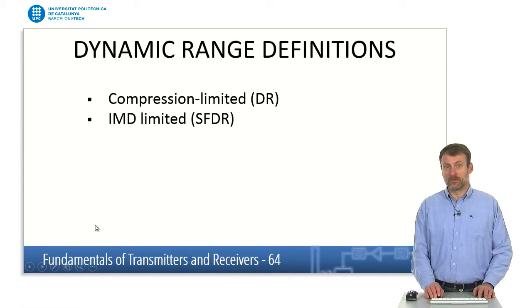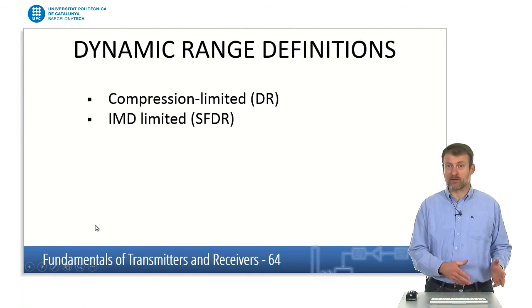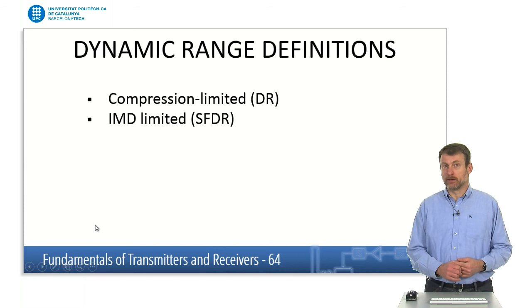Now that we have defined the maximum and minimum limits for dynamic range, let's go to the various dynamic range definitions that one can use in a receiver. I have to say that the specifics for the definition change greatly from one reference to another. So these are not the only definitions for dynamic range that you can find.